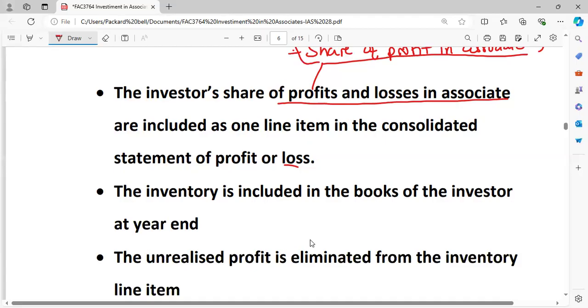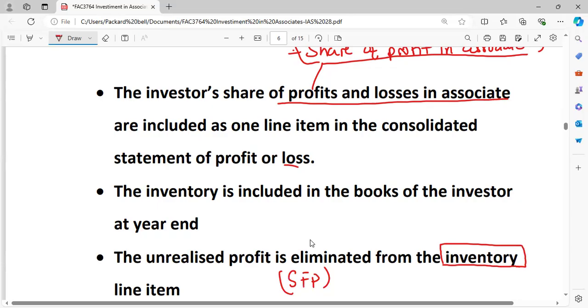What it means when you do your elimination now, you need also to take note to adjust the inventory in your statement of financial position. Why? Because this inventory is in the hands of the investor. So since the investor is the one who is holding the inventory, you should also adjust this inventory line item in the statement of financial position.